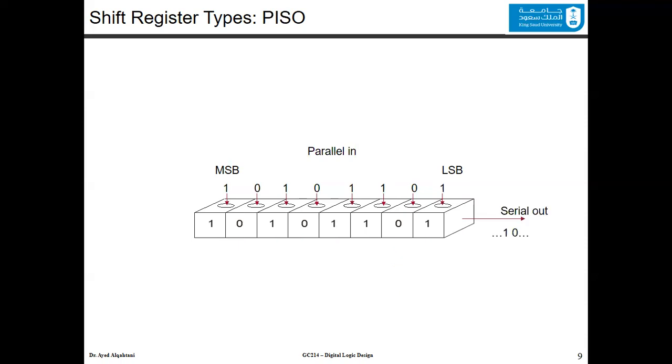Now, the last type, the fourth type, is PISO, which is parallel in. You get the inputs in parallel form. In one cycle, you get all of the input in. And if you want to get the output, you only get it bit by bit, serially.